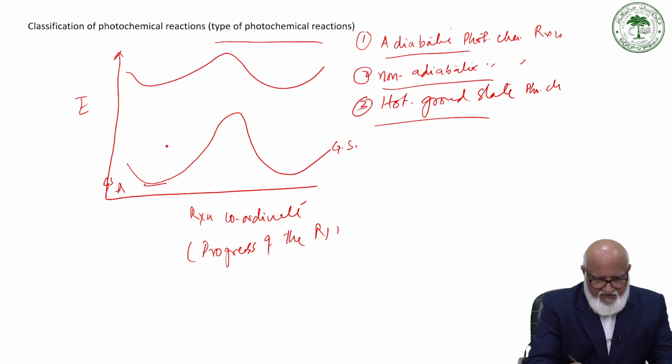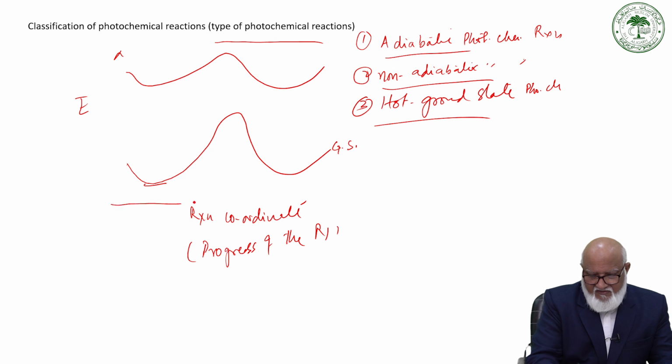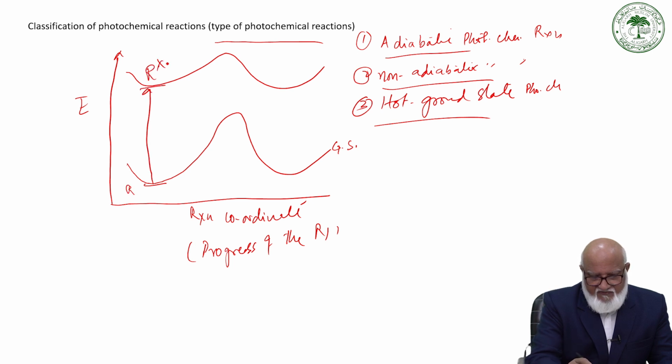Say, for example, this is a reactant R, and on absorption of light, h nu, it goes to the excited reactant R star. This is the reactant in the ground state, and then the reactant in the excited state.